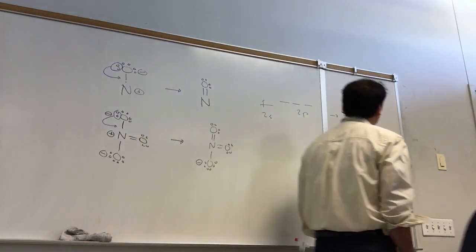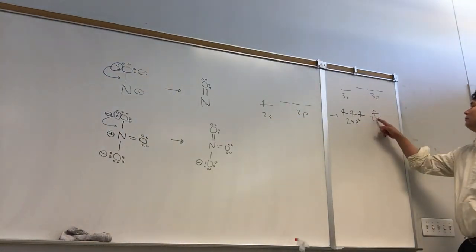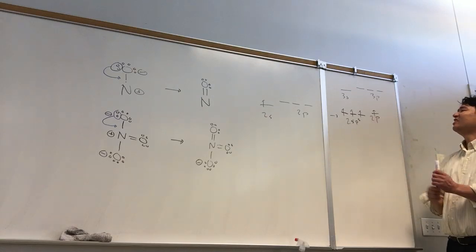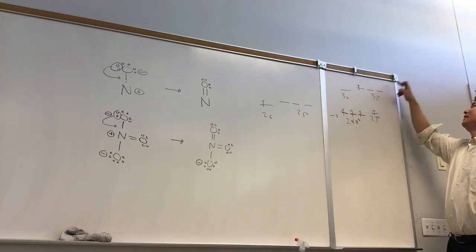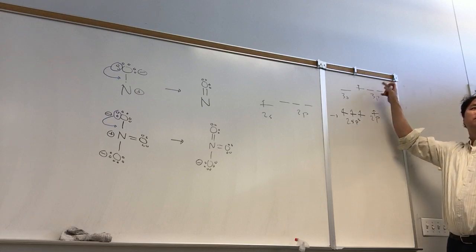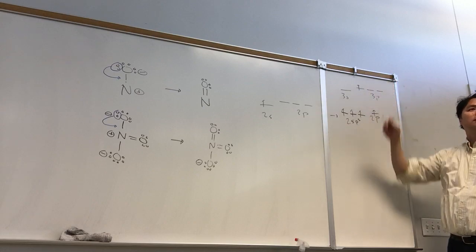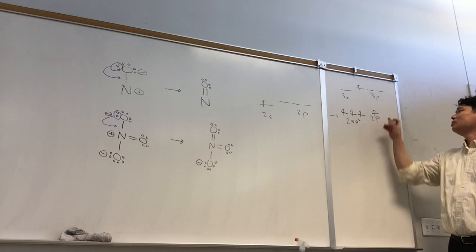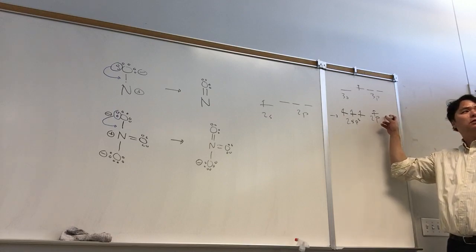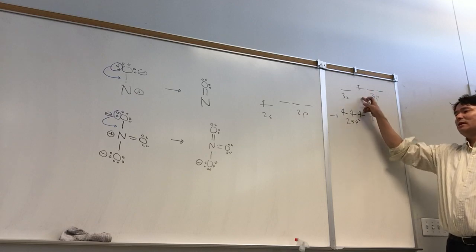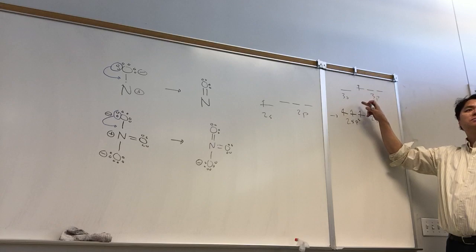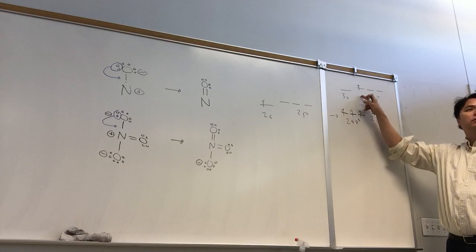Here we can form a PP pi bond because we've got a p orbital here, so the fifth electron's got to go on this p orbital. It would be highly unlikely to go on the d orbital because the d orbital's way up there, 3d, right? And there are no 2d orbitals for nitrogen. And so the cost of doing this is a bit too extreme because there's a big jump from n equals 2 to n equals 3 in terms of energy.